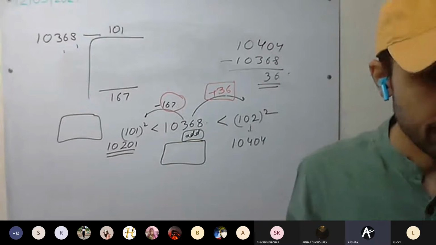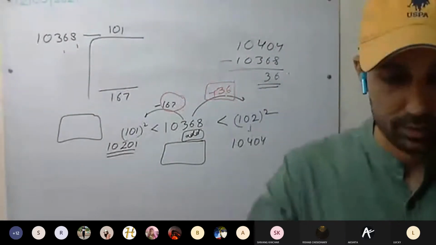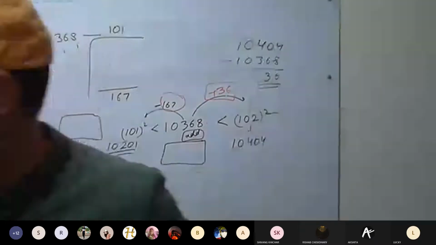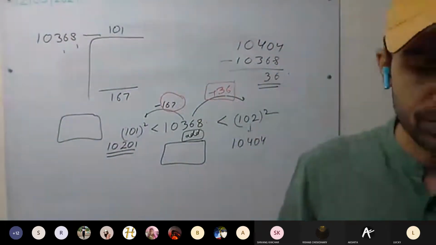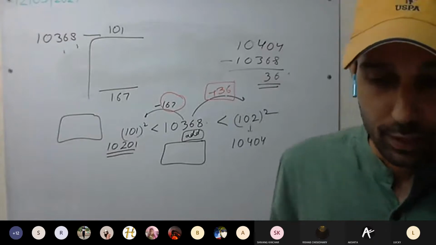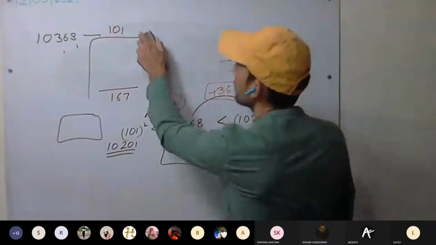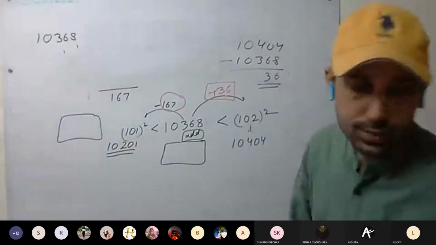Multiplied and divided. Did everyone do that one? Okay, then factorize 10368, everyone factorize 10368. How many twos have you got?